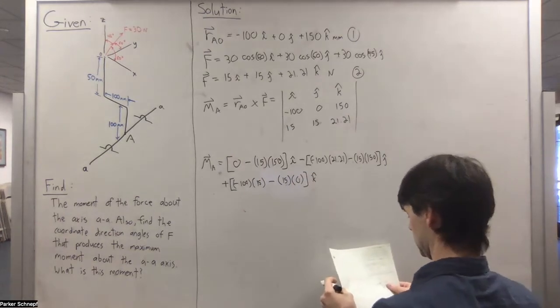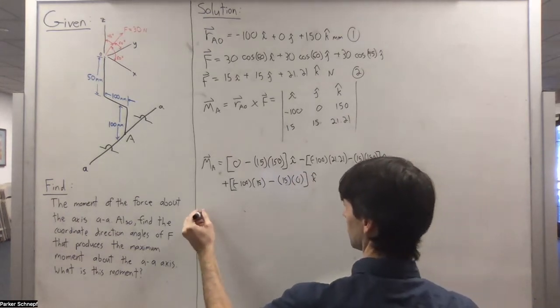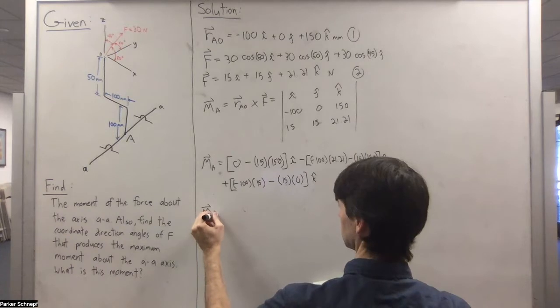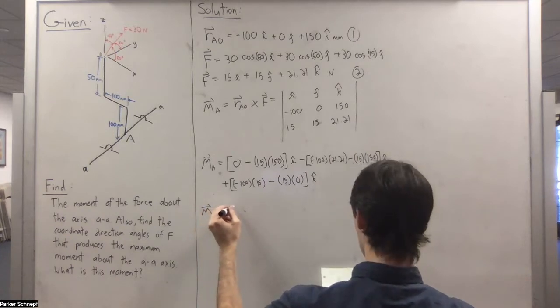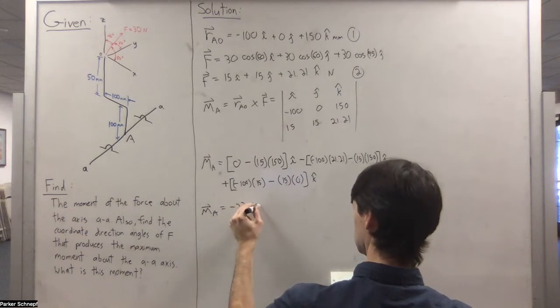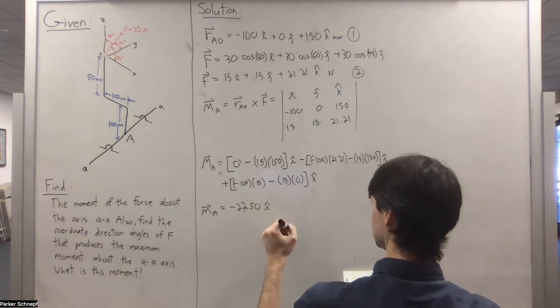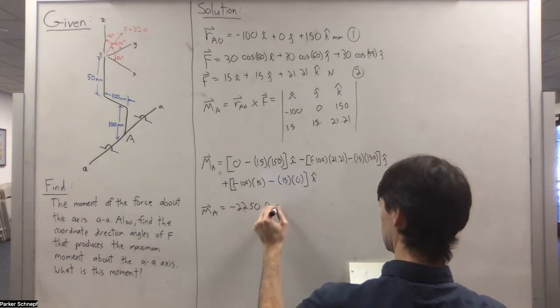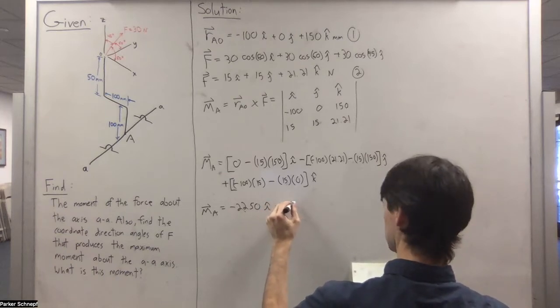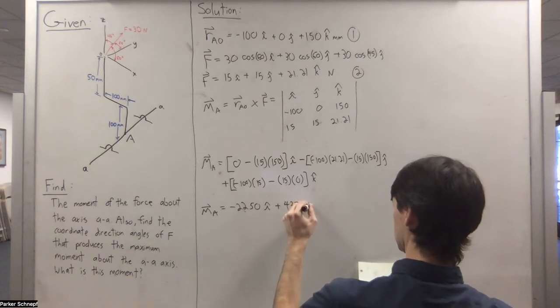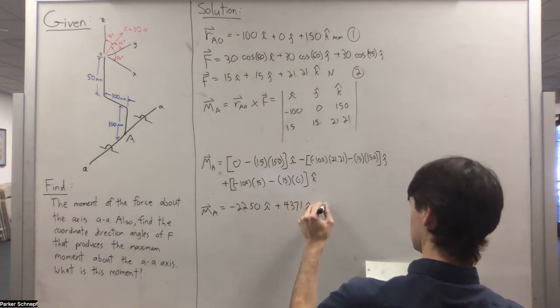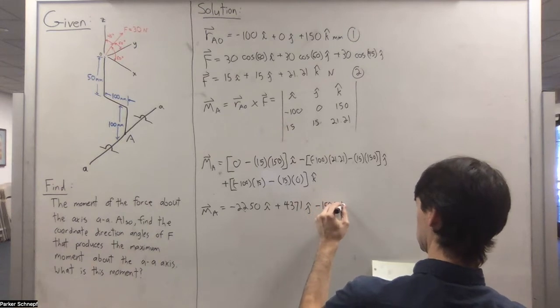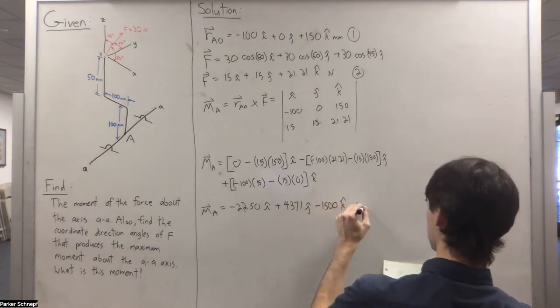And then when I do the math on that, I get the moment about A equals minus 2,250 in the x direction plus 4,371 in the y minus 1,500 in the z, in units of newton millimeters.